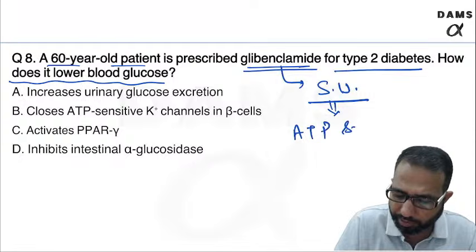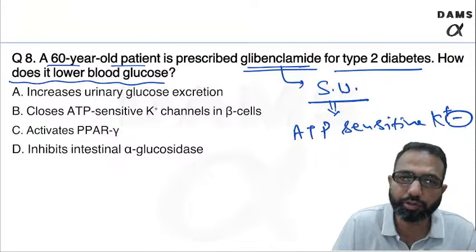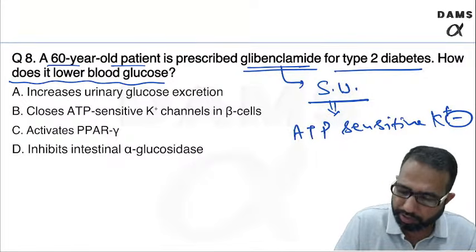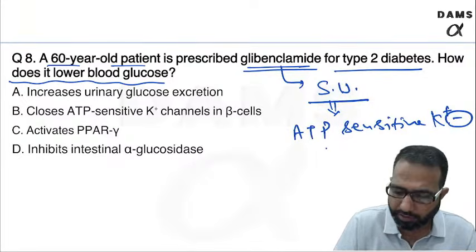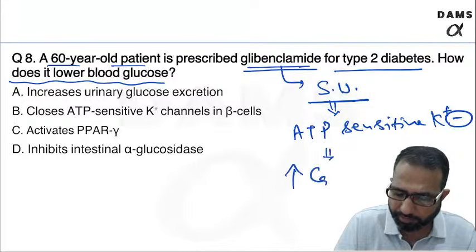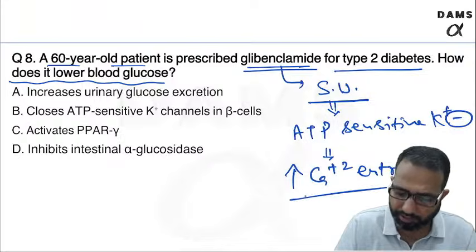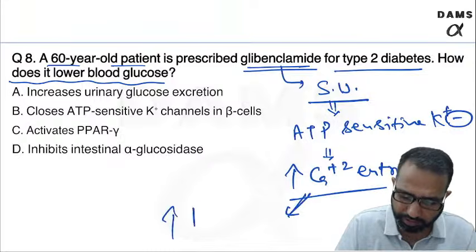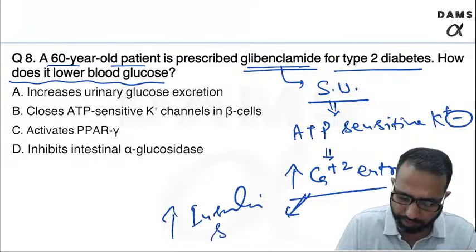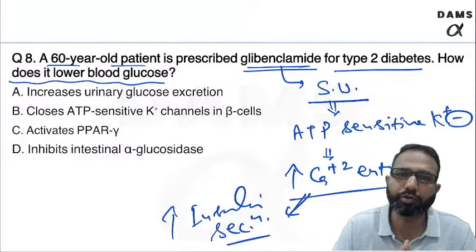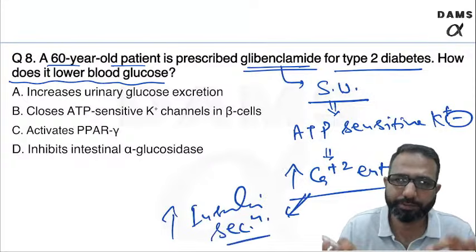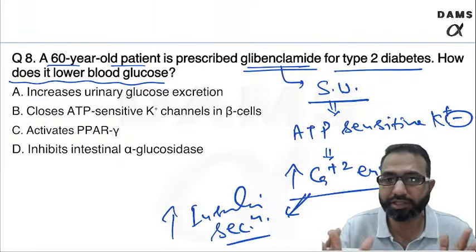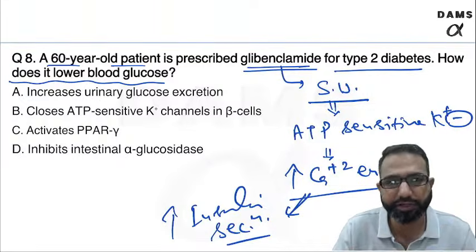It is ATP sensitive potassium channel blockade in the beta cells of the pancreas. If you block these channels, what happens? There will be increased calcium entry, and this calcium will trigger release of insulin, increasing insulin secretion. So this drug is an insulin secretagogue. The calcium entry is because closure of the ATP sensitive potassium channel leads to depolarization.